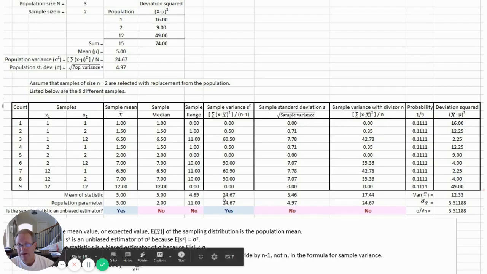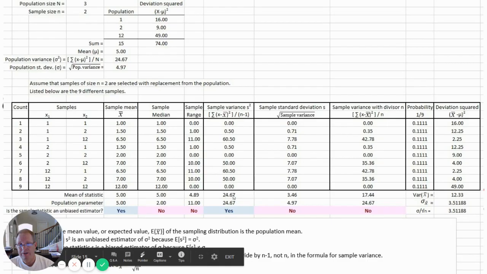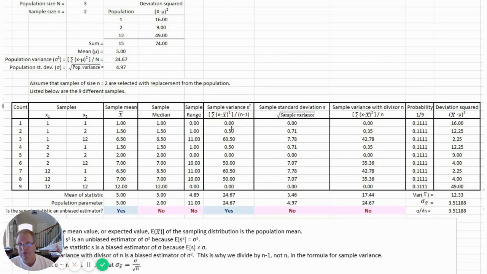And what do you know? The average of my sample variances is equal to the population variance. Up here I calculated the population variance to be 24.67, and that's exactly the average of my sample variances. So sample variance is considered an unbiased estimator of population variance.